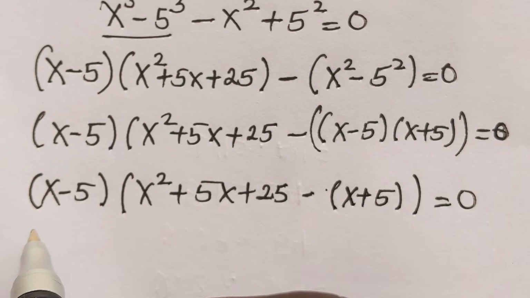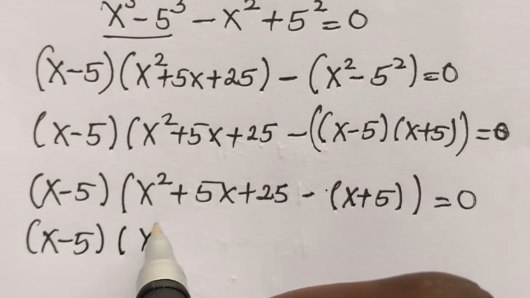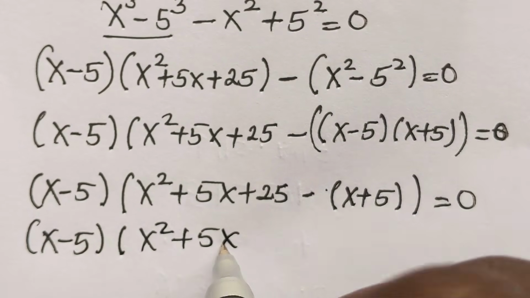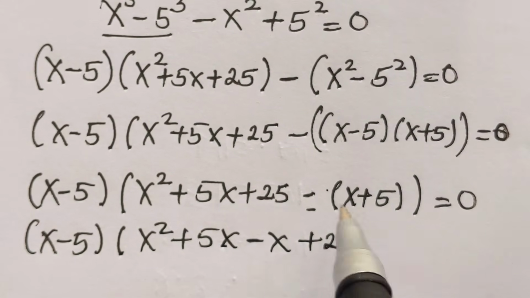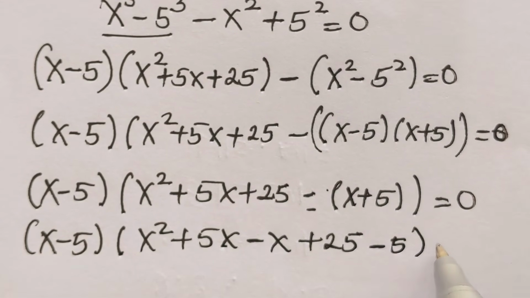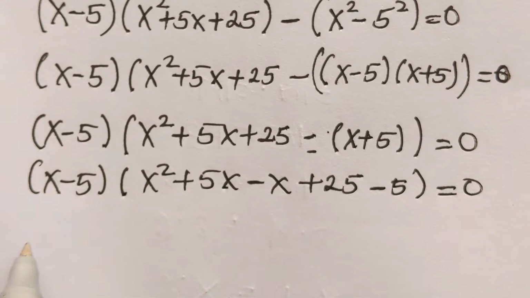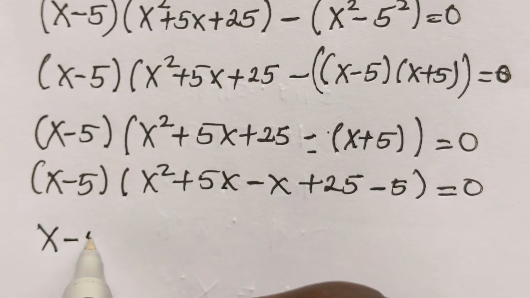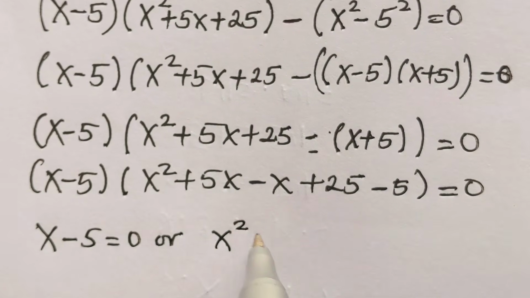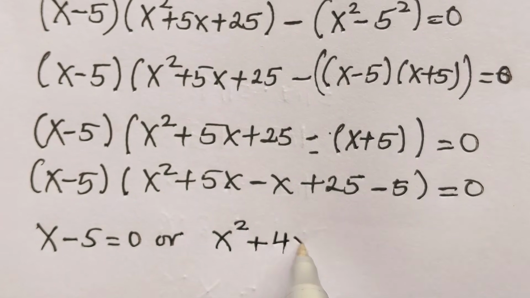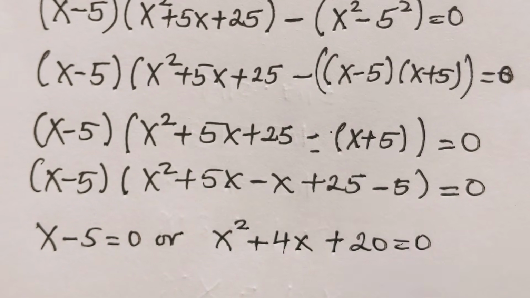So at this stage we have x minus 5 times open bracket of x squared plus 5x, and here we have minus x plus 25, and minus 5, close bracket equals to 0. So at this stage you can say x minus 5 will be 0, or x squared plus 4x plus 20 will be 0.